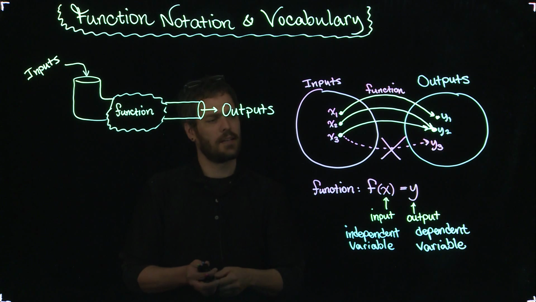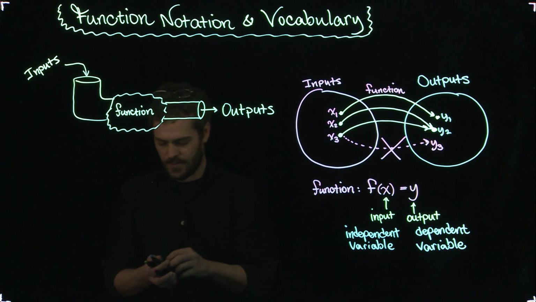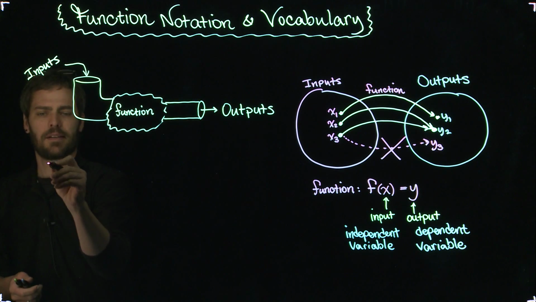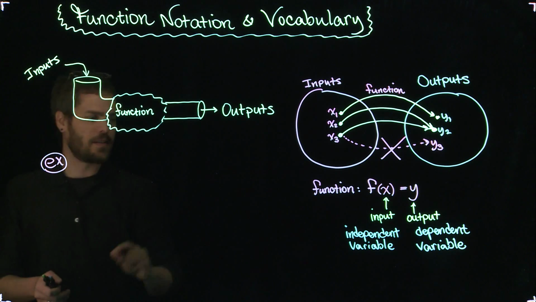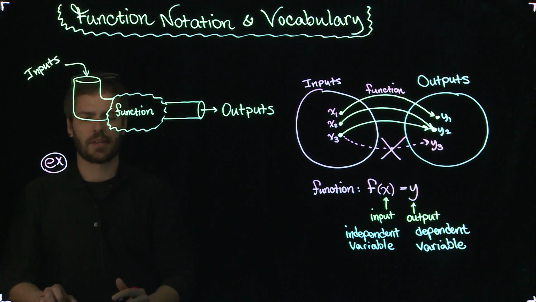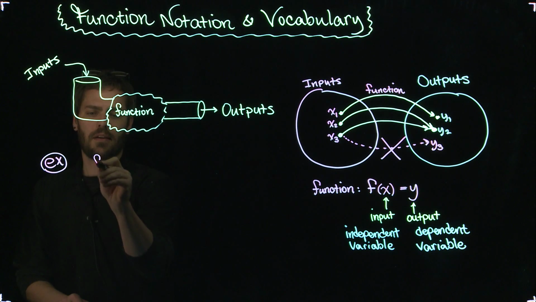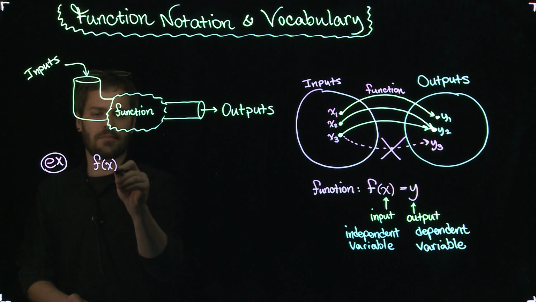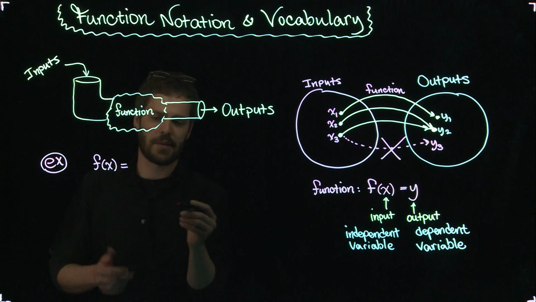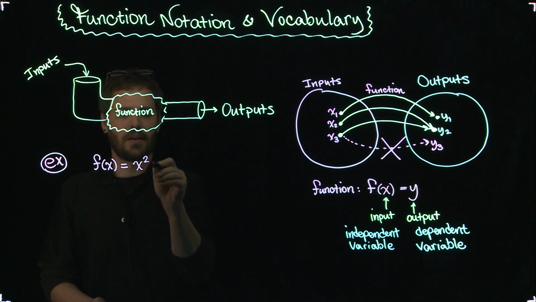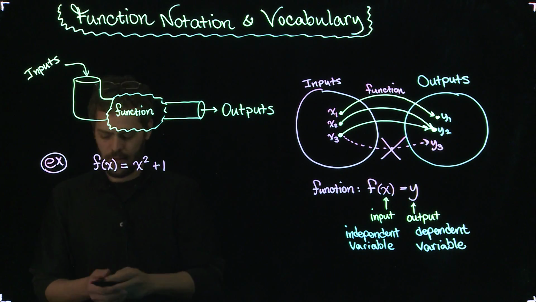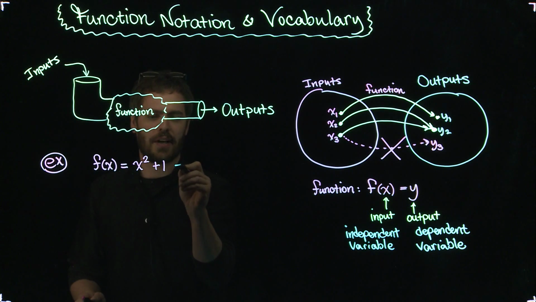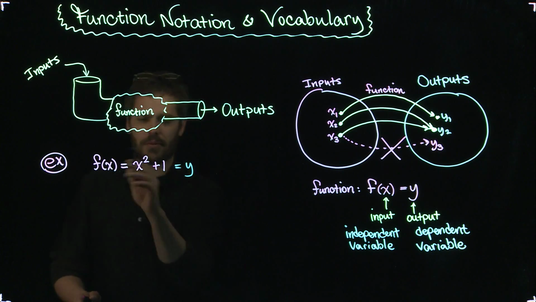So let me take a look at an example of a function using x and y and state it in this way. I could say, for example, f of x is equal to, and let's just make up something, how about x squared plus 1? And that's going to be equal to our output values. A lot of people write this the other way around.